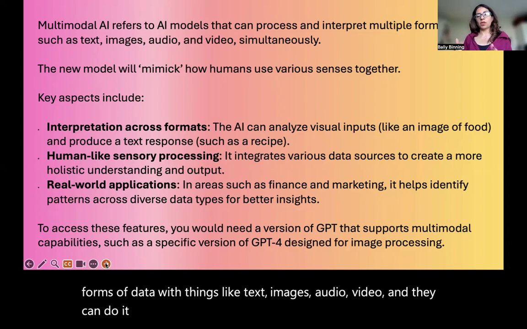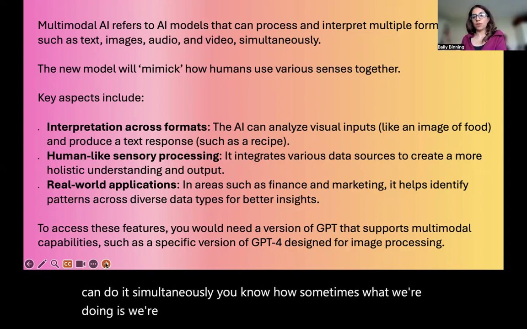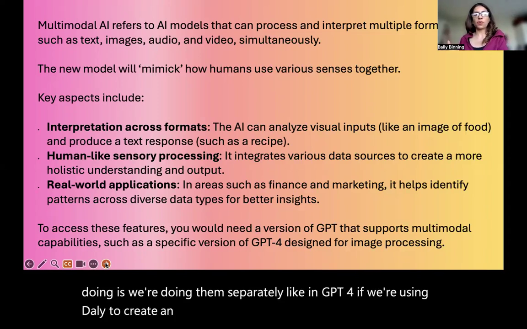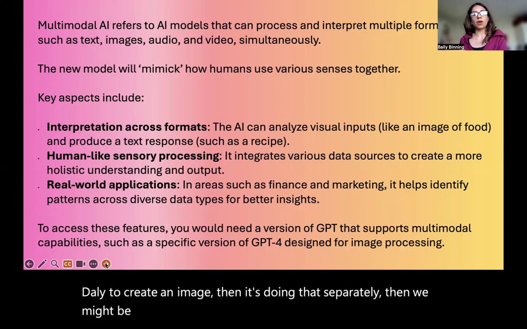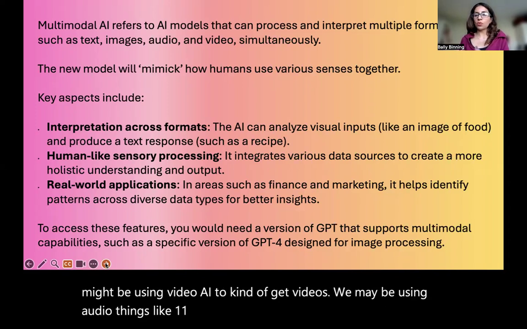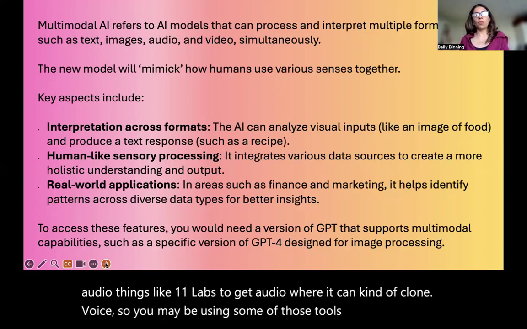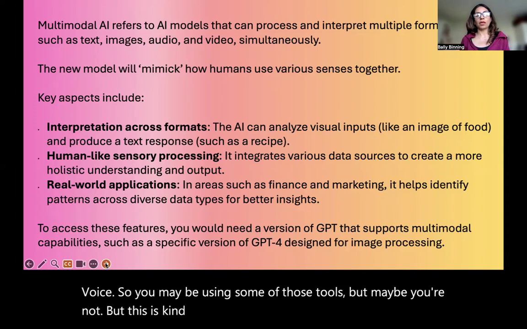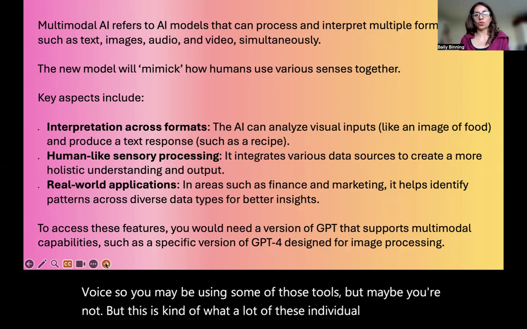You know how sometimes we're doing them separately, like in GPT-4, if we're using Dall-E to create an image, it's doing that separately. Then we might be using video AI to get videos, or audio tools like 11 Labs where it can clone our voice. You may be using some of those tools, but maybe you're not. But this is what a lot of these individual AI models can do.